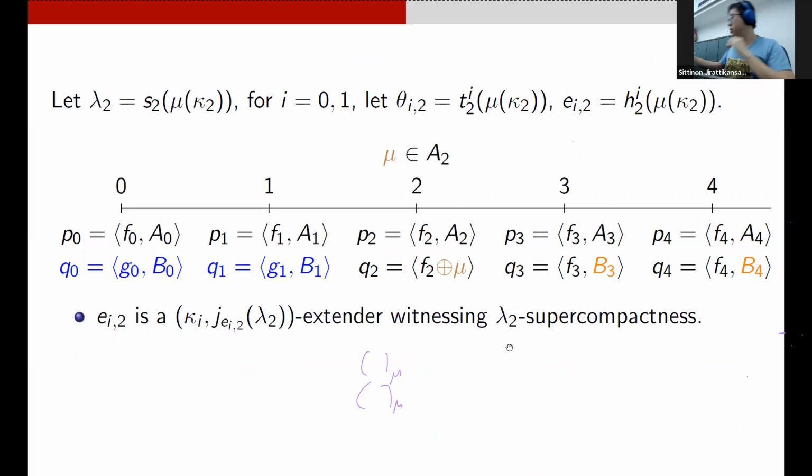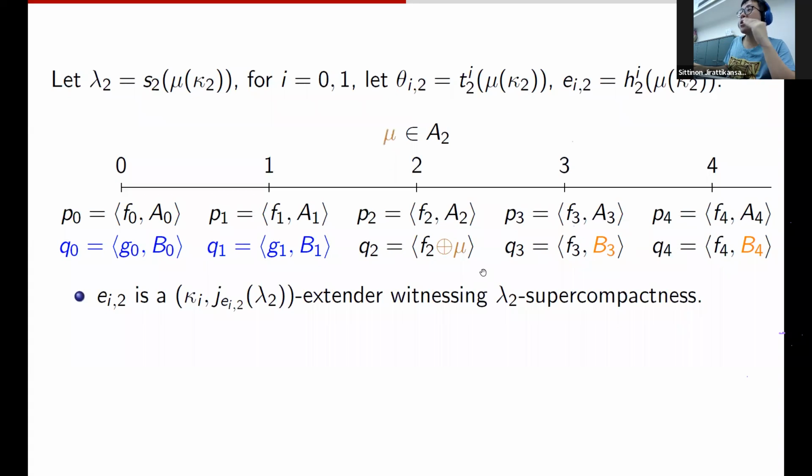And the important story is, once you take a look at the blue part, the q0 and q1, the B0 and B1, for example, they will be of measure 1 with respect to the small e_{i2}, which is going to be some extender witnessing lambda 2 supercompactness.